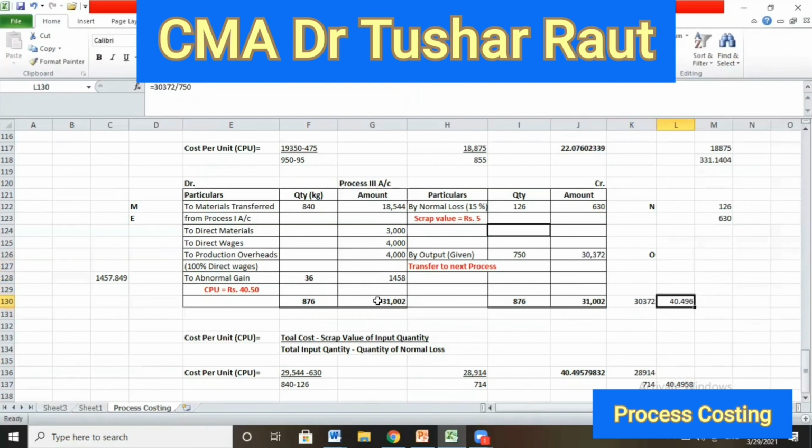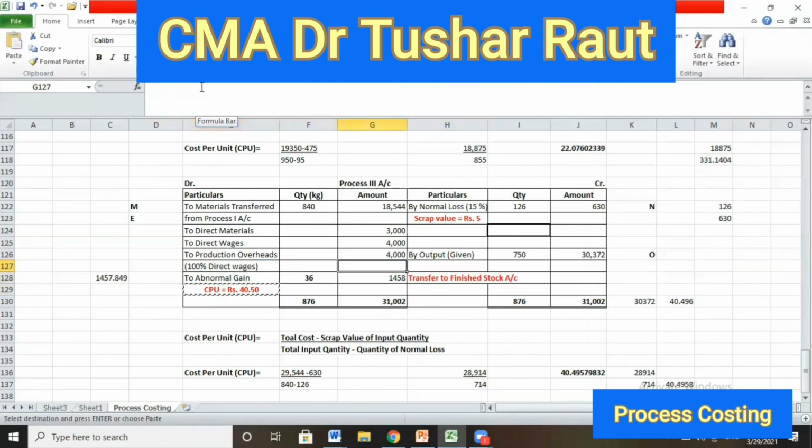It will be 40.493, 40.50, and that amount should be transferred to finished goods or finished stock, because now it's ready to dispatch. Okay, we can write over here again the CPU which we calculated over here.